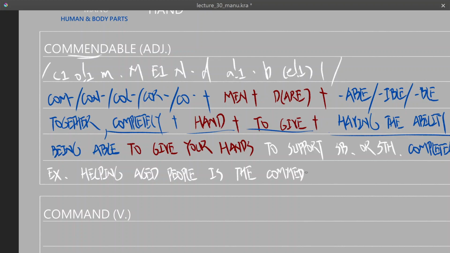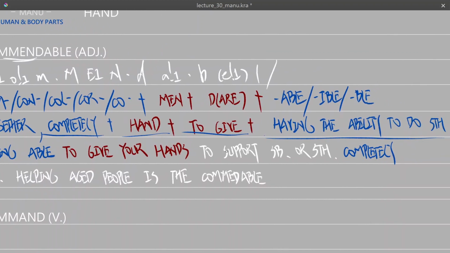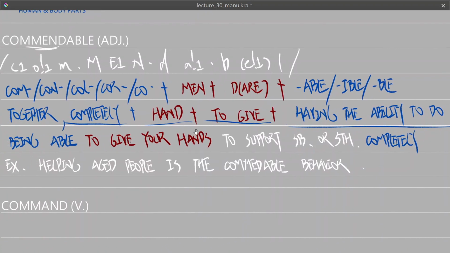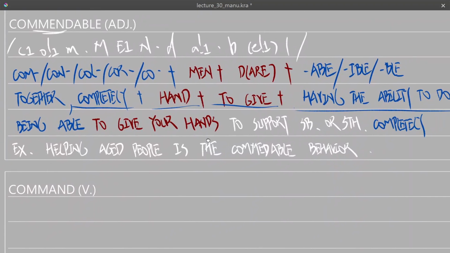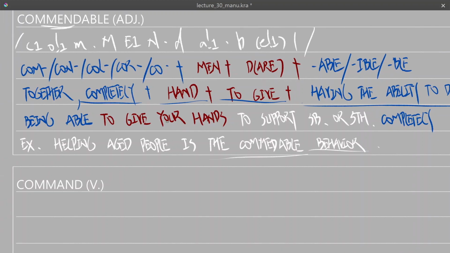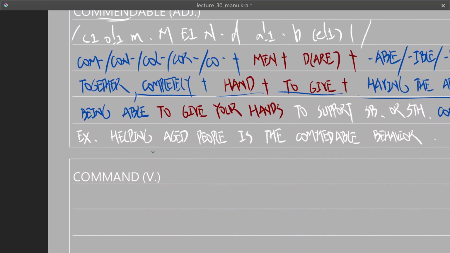Commendable behavior is behavior worth support. Alright, commendable behavior.